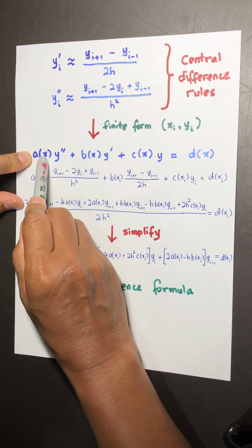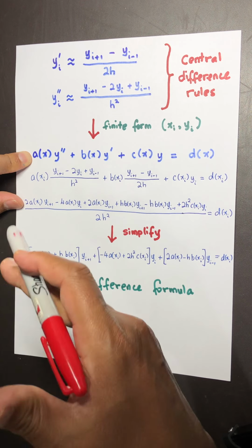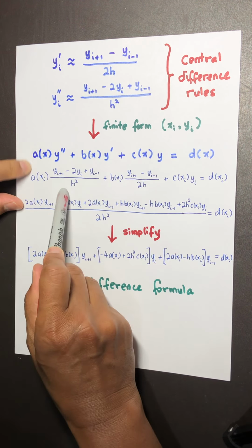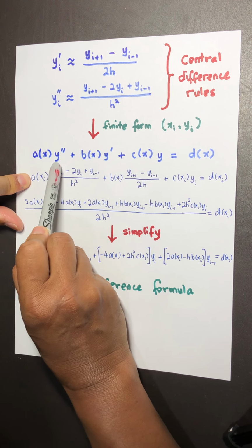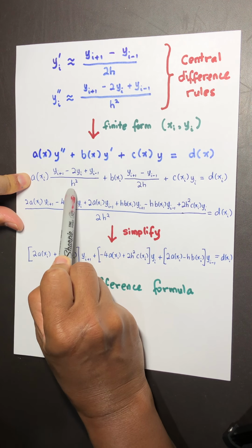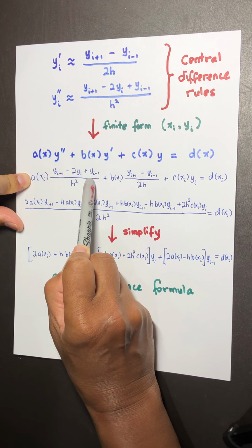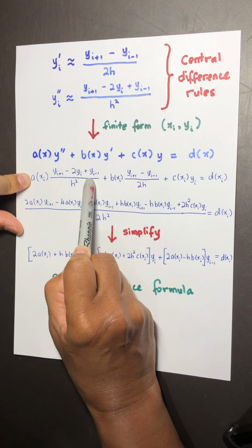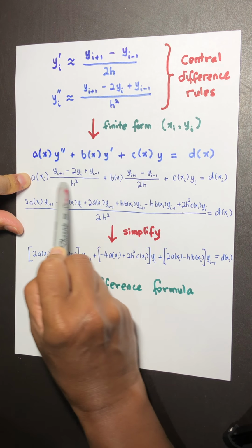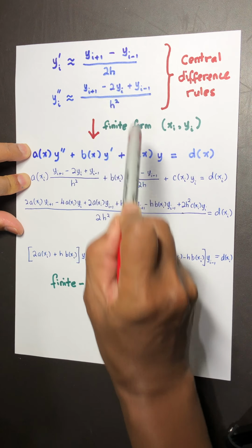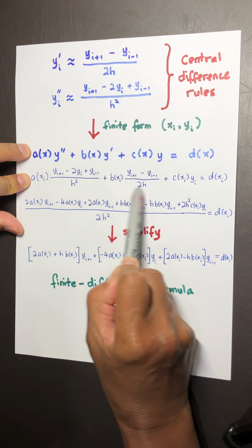So in that case, x will be transformed to xi, y will be transformed to yi. So this one here becomes this. So we eliminate y double prime. This is what we get. And then x and y, put i subscript there. So we have the first term. The second term, y prime, we take this equation, replace, and this is what we get.